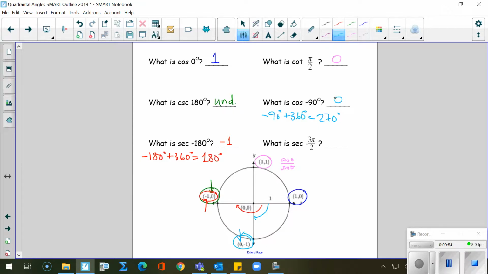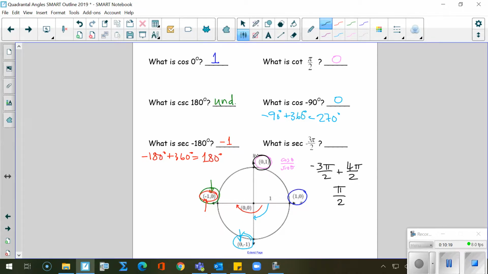And finally, secant of negative 3 pi over 2. I could find a coterminal angle. I'm going to add 2 pi, which would be 4 pi over 2. My coterminal angle is pi over 2.